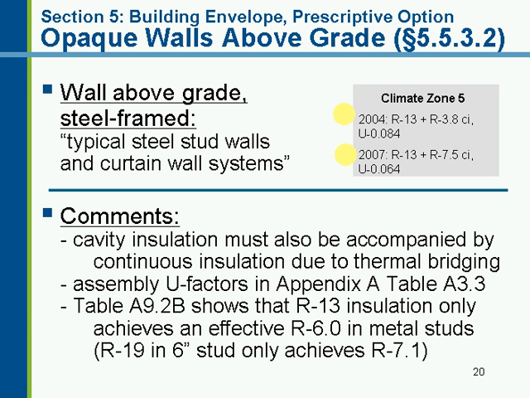Table A9.2b shows that if you install R13 insulation in a 2x4 stud, you only achieve an effective R value of R6. And it's worse as you get thicker insulation. So an R19 in a 6-inch stud only achieves R7.1 in that framing cavity layer. So what you want to do is you don't want to do really deep walls with metal studs. You do the minimum depth that you need, and then go with continuous insulation.